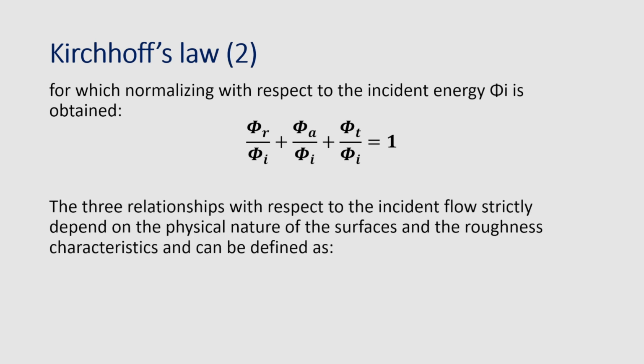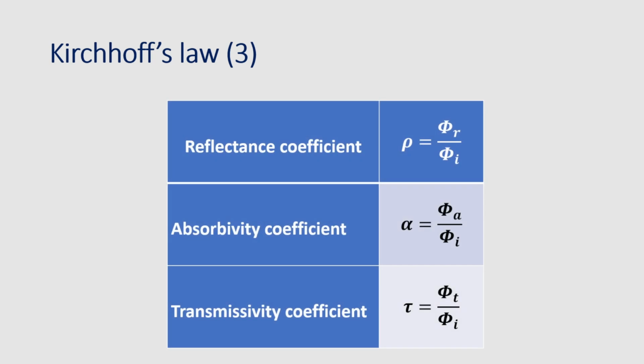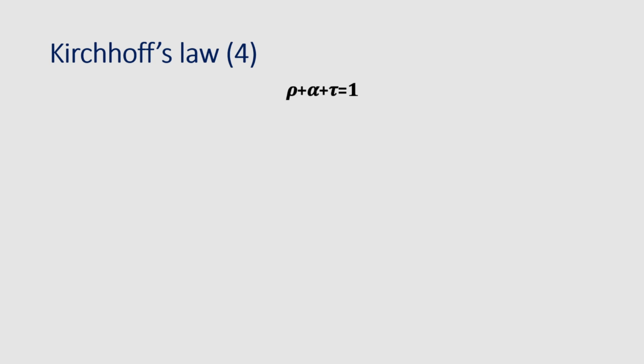The three relationships with respect to the incident flow strictly depend on the physical nature of the surfaces and the roughness characteristics and can be defined as reflectance coefficient, absorbivity coefficient, transmissivity coefficient. Kirchhoff's Law, 4.